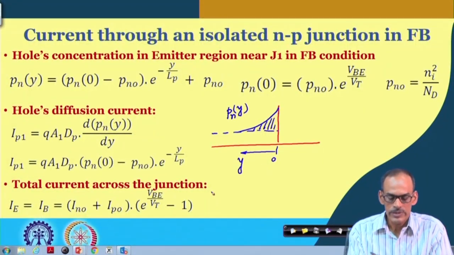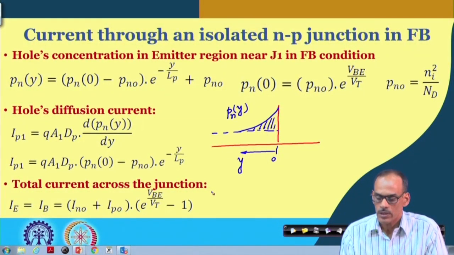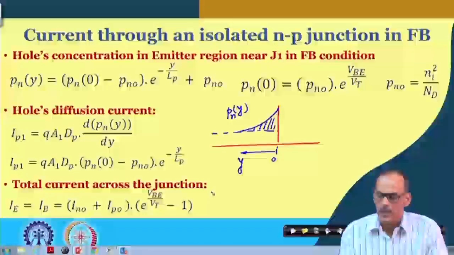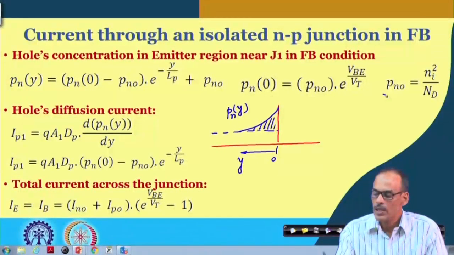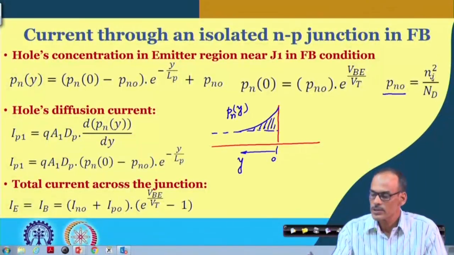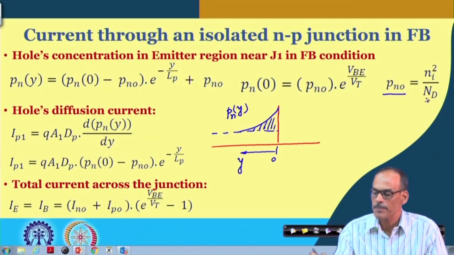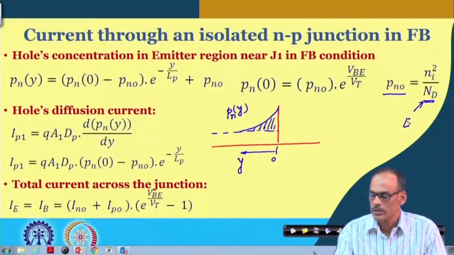And the rest of the things are similar. The only thing I must say is that here pn0 is ni squared, the intrinsic carrier concentration squared, divided by Nd. This Nd is the donor concentration in the emitter region.